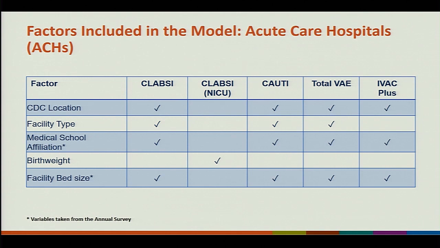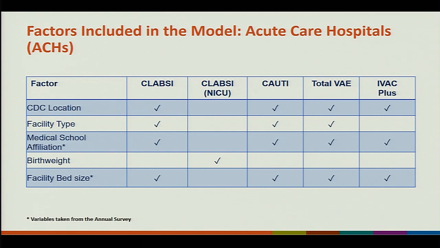So before we dive right into the model, let's take a look at the factors that are included in the device-associated model. This is for acute care hospitals. The risk factors included for CLABSI, CAUTI, total VAE are CDC location, facility type, medical school affiliation, and facility bed size.